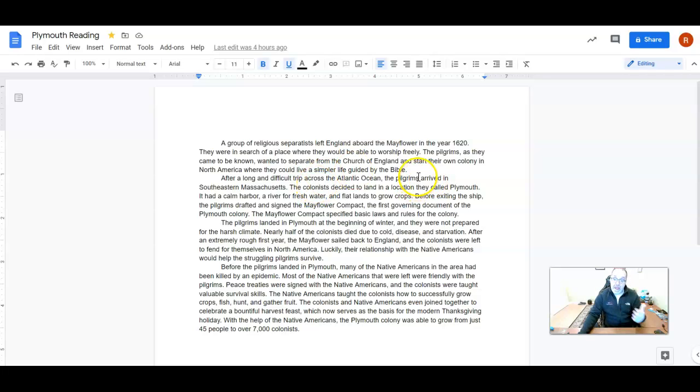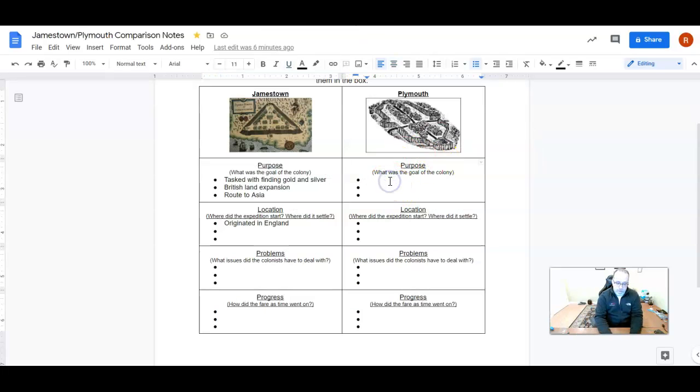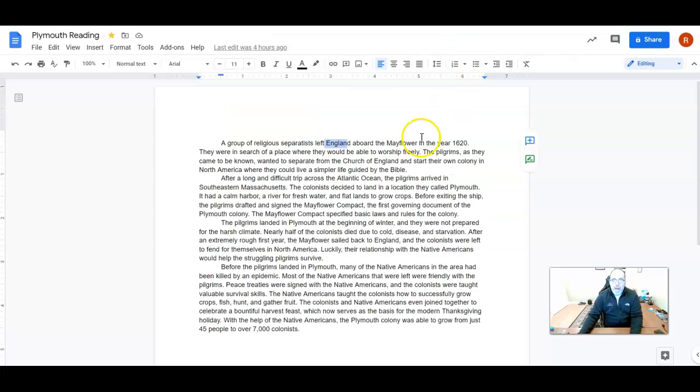Okay, so let's take a look at this one. So maybe similarly to the Jamestown, we all see, again, it originated in England. Now, if we go back, we can see we wanted a place to worship freely, separate from the Church of England.